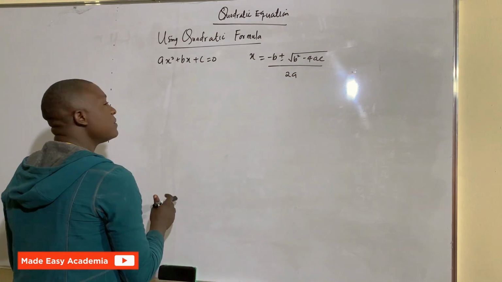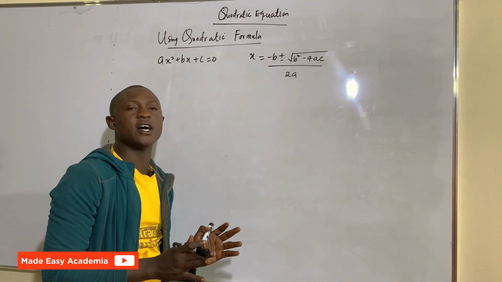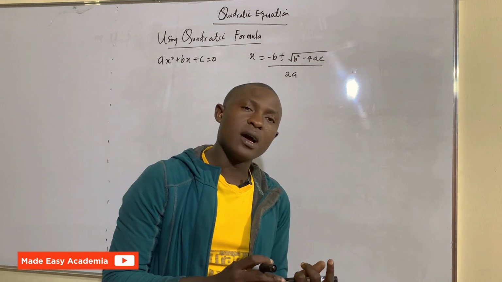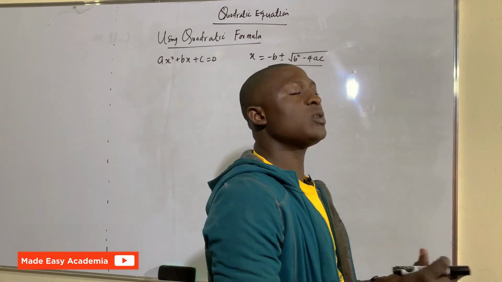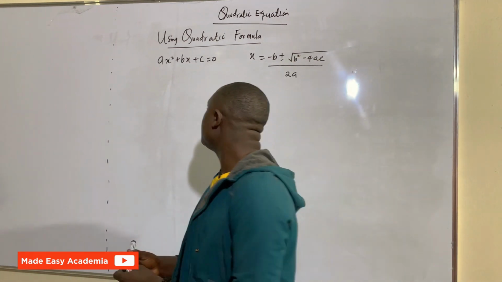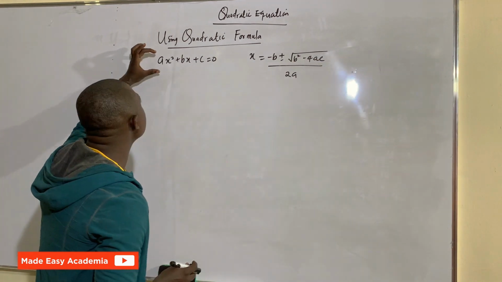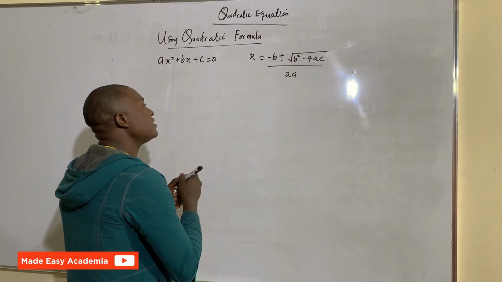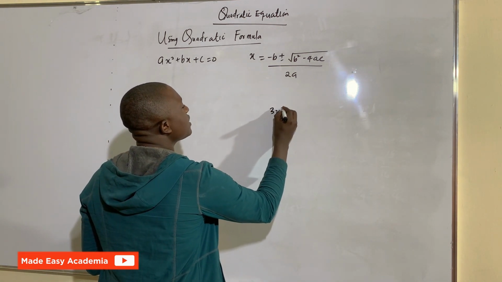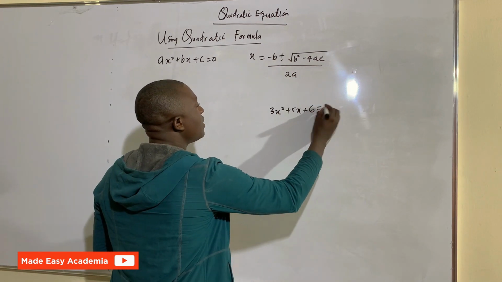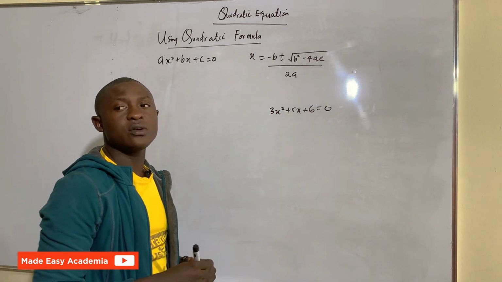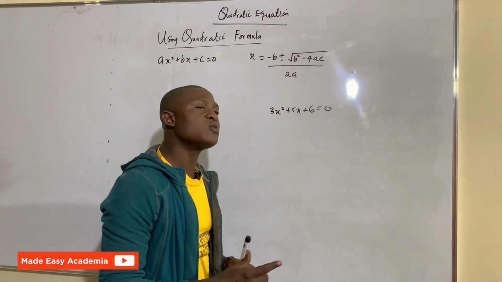Meaning, if I'm solving a problem, the first thing I need to consider is to find out the value of my a, the value of my b, as well as the value of my c. Let's demarcate this example. Let's say we have 3x squared plus 5x plus 6, and I want to find out my a, my b, and my c.